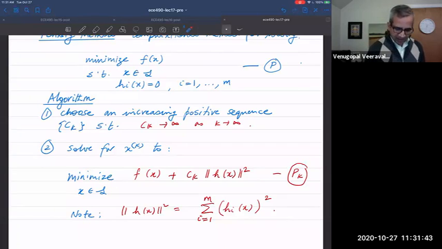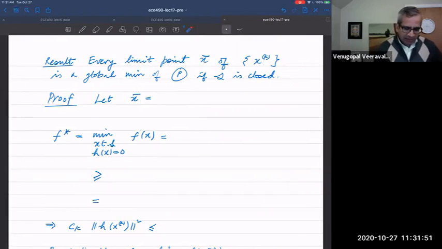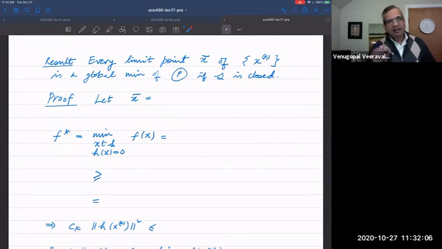We'll see that in just a second and prove this. So that's the result. This is similar to the result we had for the barrier method. We say that every limit point of xk is a global minimum for p. And again, just like in the barrier method, we need this S to be closed. Closure is really needed because you want the limit of the sequence of these xk's to go to something that's still inside the set.